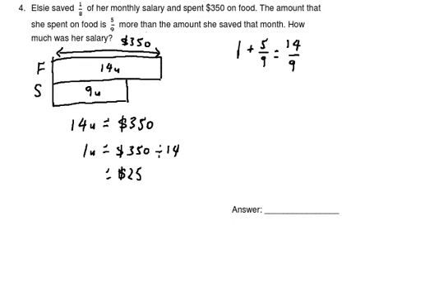Okay. Now since you know 1 unit is $25, and she saved 1/8 of her monthly salary, right? So 1/8, that means in this case here, this is the savings, yes or no? 9 units. Correct? 9 units is 1/8 of her monthly salary.